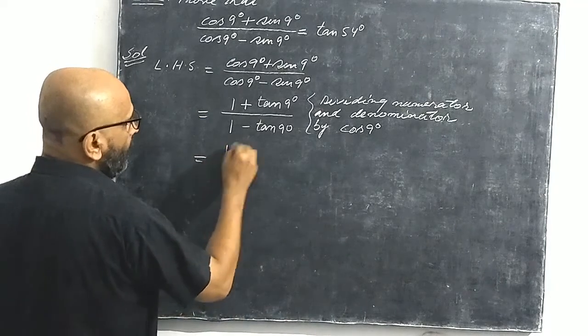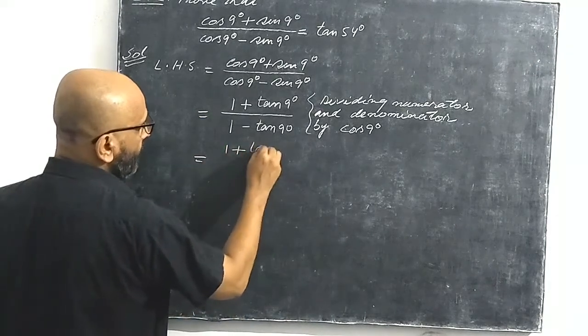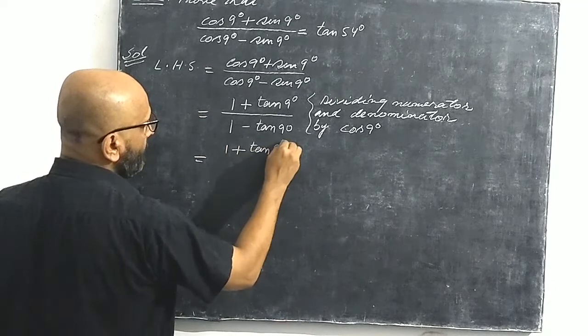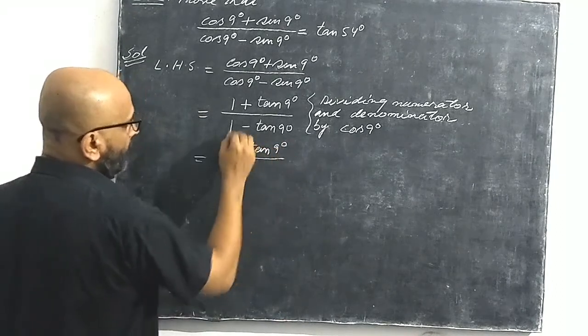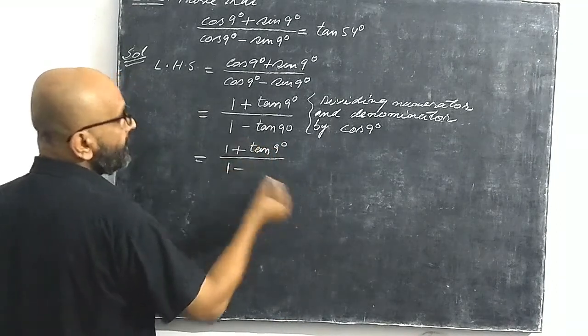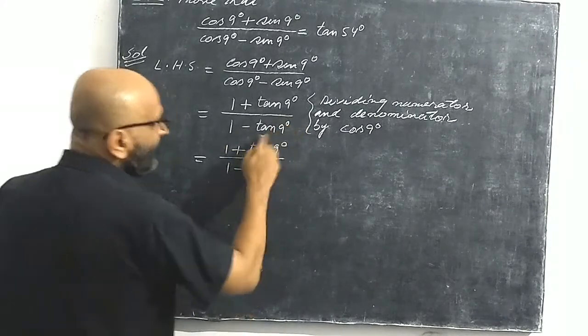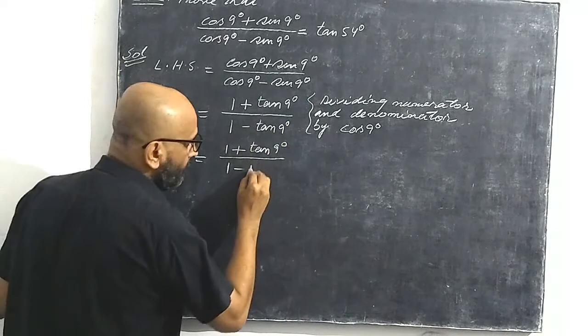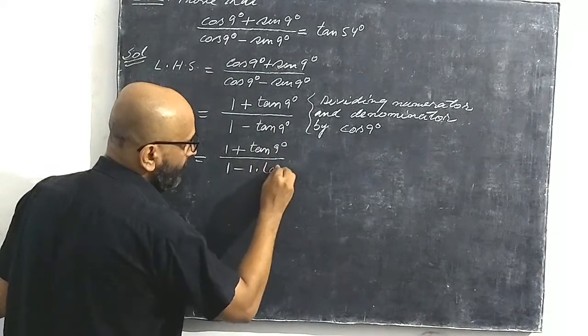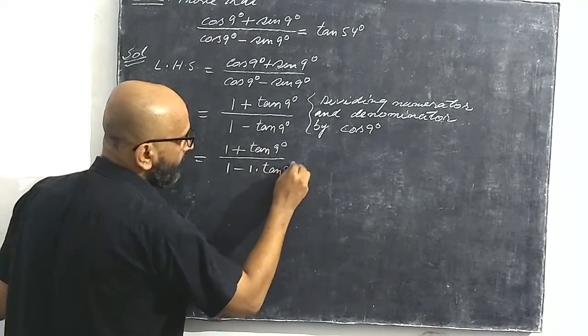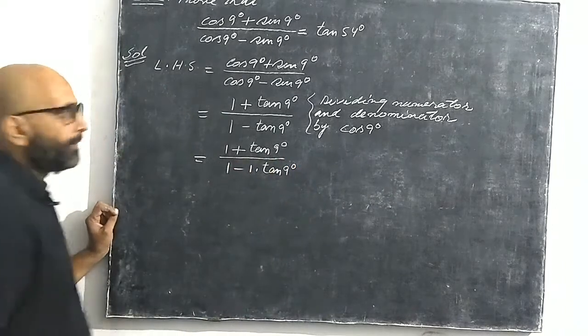So now 1 plus tan 9 degree as it is, upon 1 minus, as you see, tan 9 degree may be written as 1 into tan 9 degree. Clear?